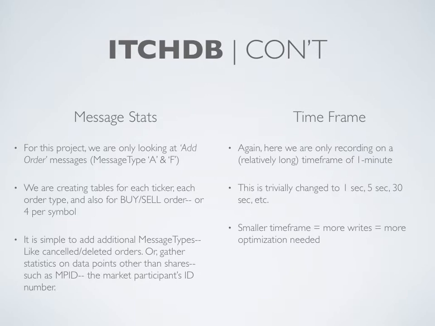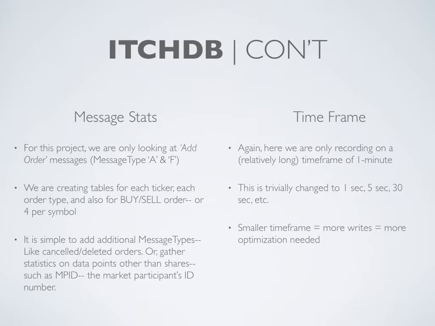Again, we're only looking at two types of messages here, message type A and F. We are creating tables for each ticker, each order type, and also for a buy or a sell order. So 4 tables per symbol. I just did that for sort of a proof of concept.